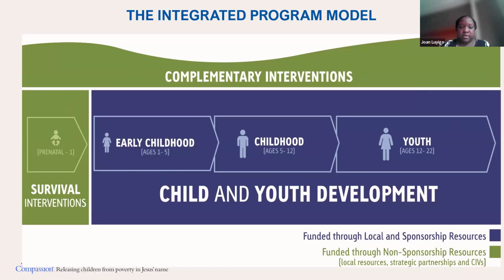We usually refer to it as CIVs, or lately we have started actually referring to them as targeted responses. Now, this is funding that comes to the project or to the participant to support needs that cannot be met by the regular supporter funds.